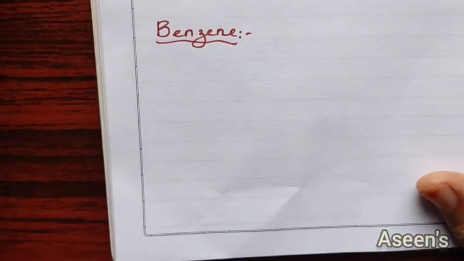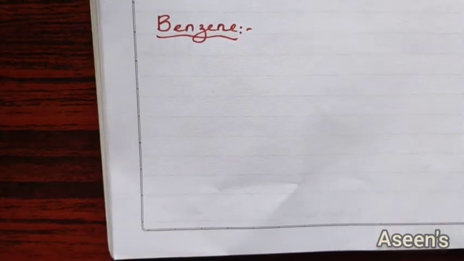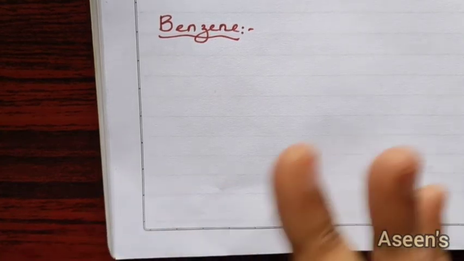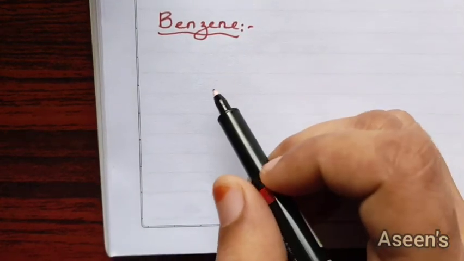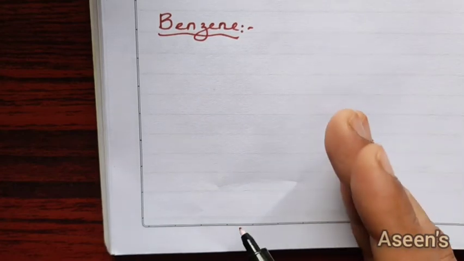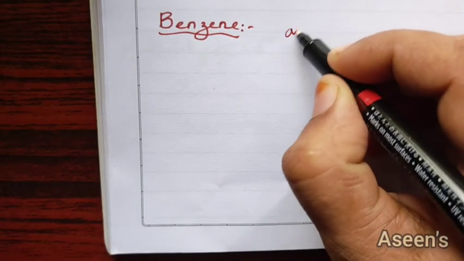Now for the last one, let's talk about benzene. Regarding benzene, they have not given you any detailed explanation about which family it belongs to and what the features are. But I'll give you an intro to it. Similar to alkanes and alkynes, we have another branch of hydrocarbons which deals with aromatic hydrocarbons.